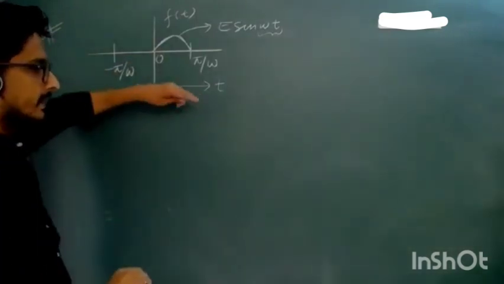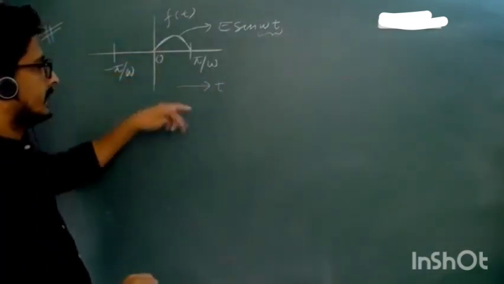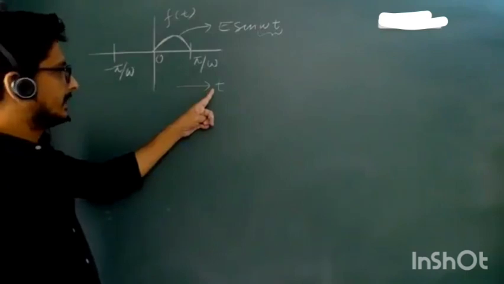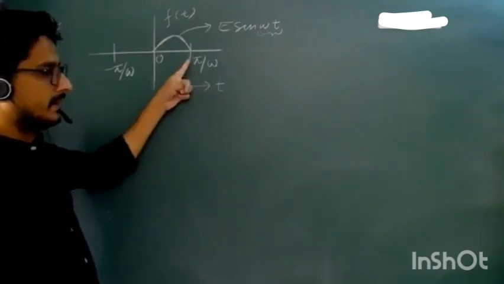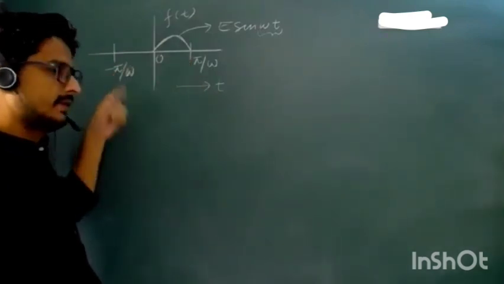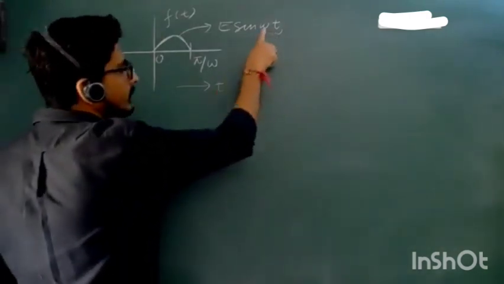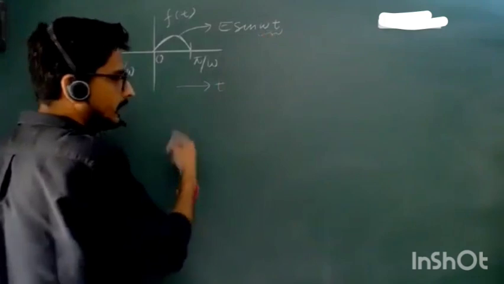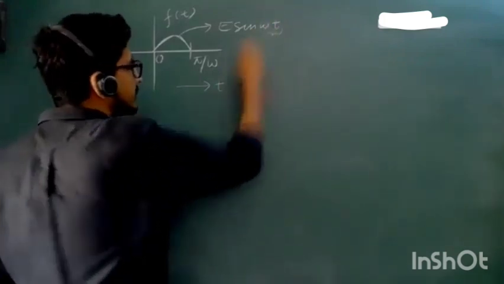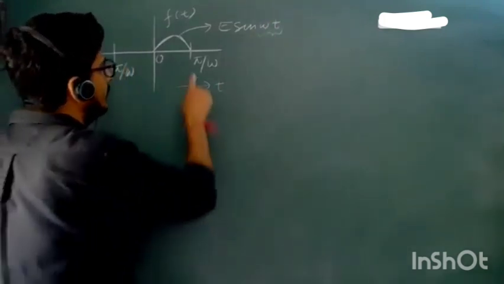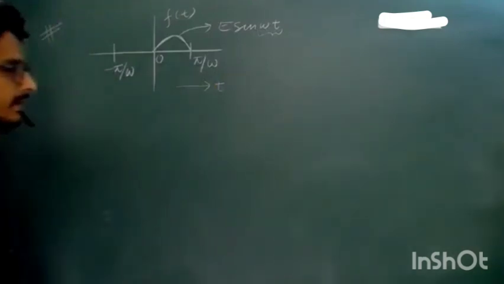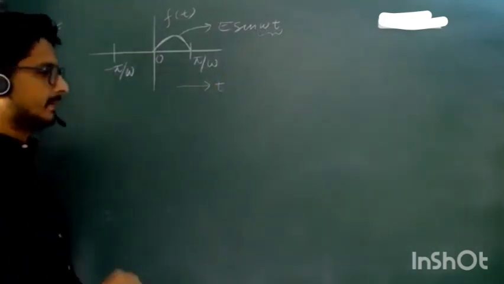So in t, when the axis is t, suppose the axis was omega t, then this would be pi. This would be minus pi, which I was doing. But this time the axis is time axis, not omega t axis. So here it will become minus pi by omega and here it will become pi by omega.